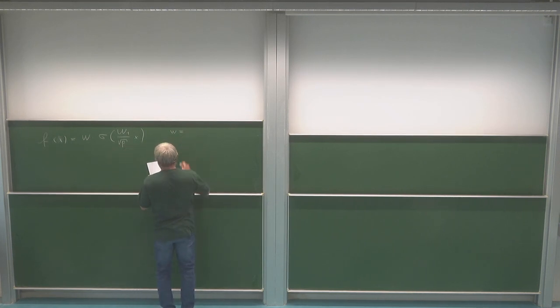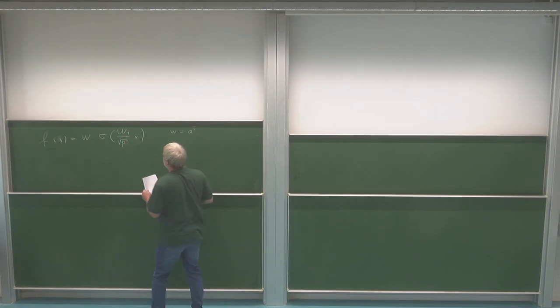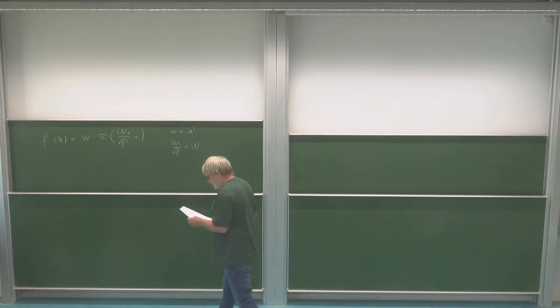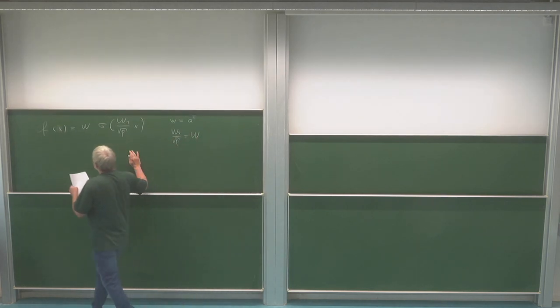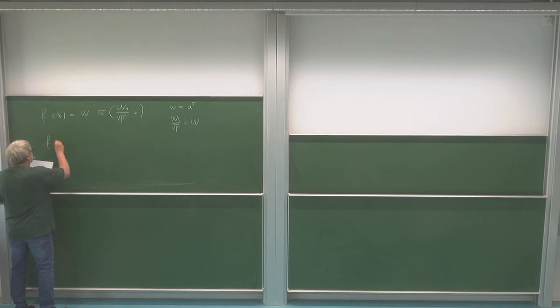I write this as a transpose of something, and let me call this A. For the moment, this scaling I don't care about, maybe later we come back to it. So I denote w1 divided by square root of p just by w. So there are no several w's. Now this is my function f of x.